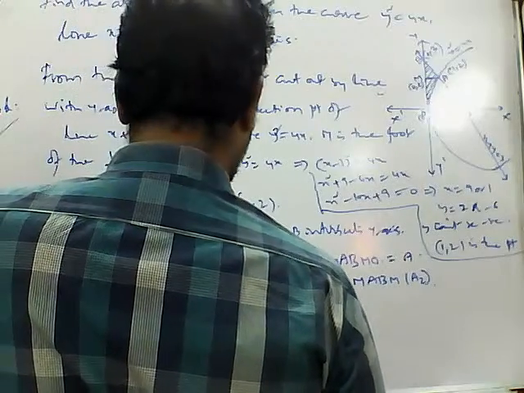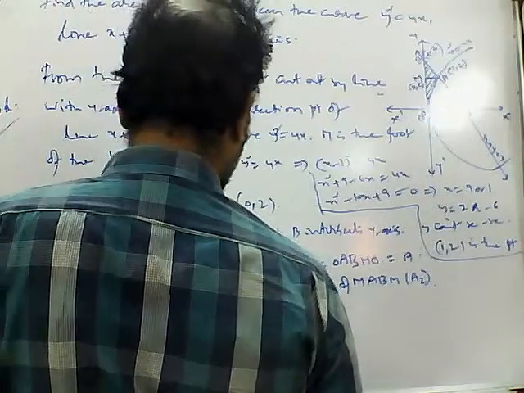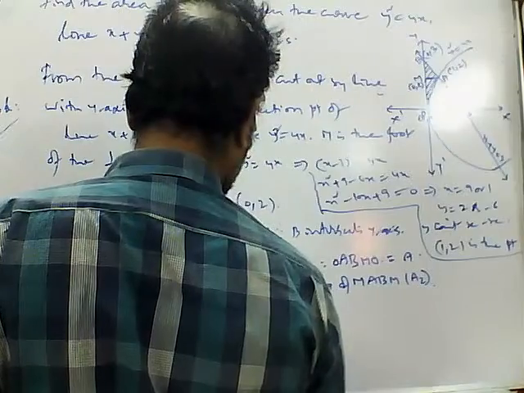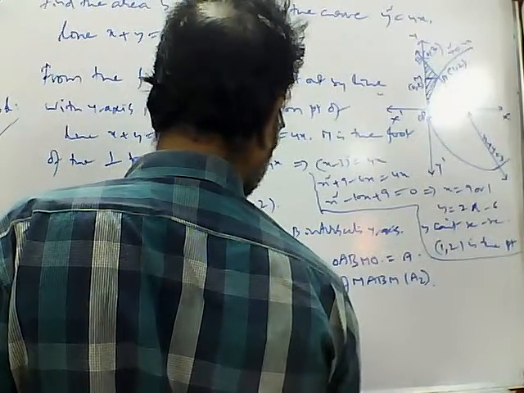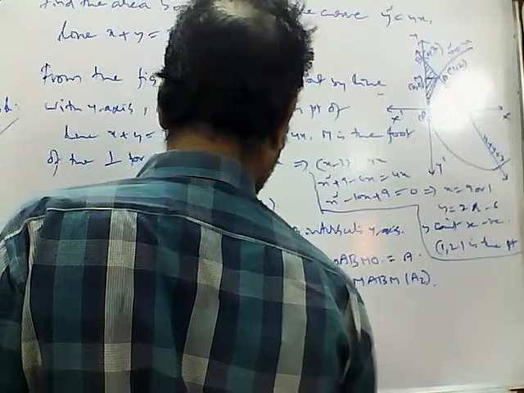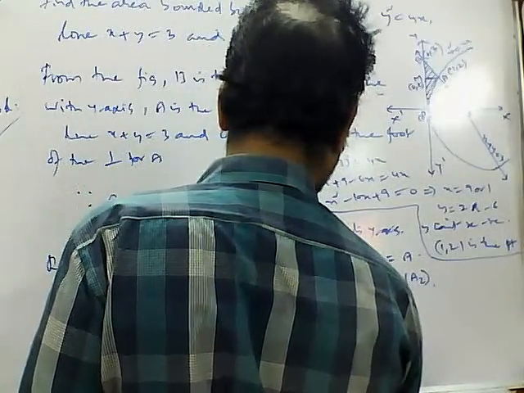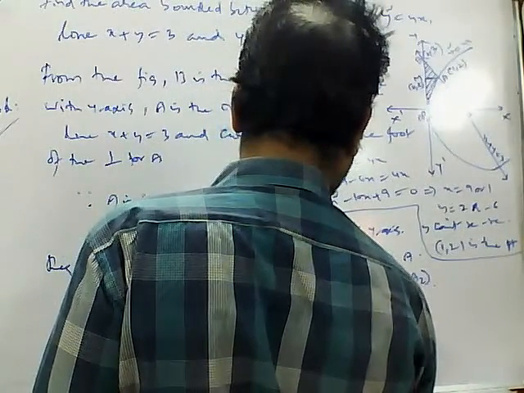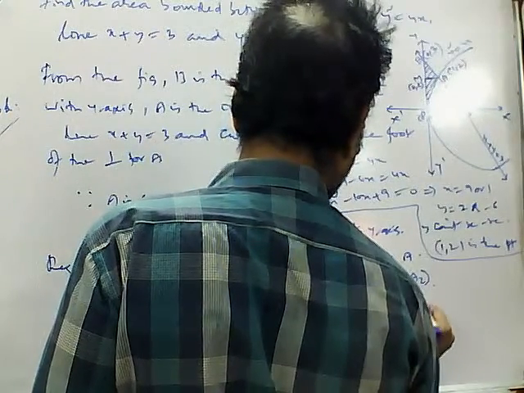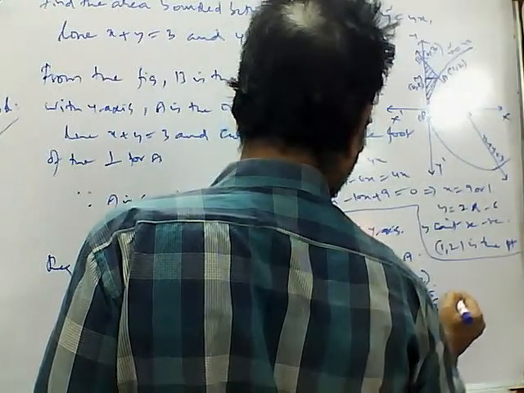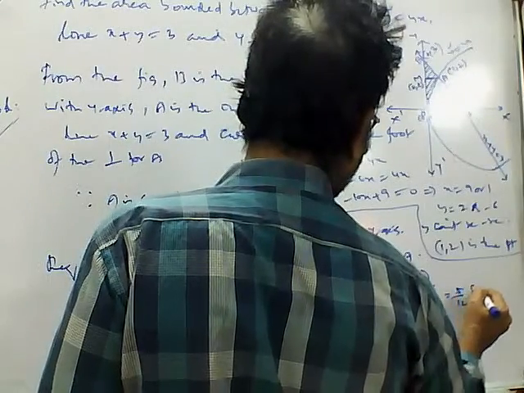Y square by 4, na? Y square by 4. So y cube by 3. One by 4 into 8 by 3 minus 1. 1 by 4 into 5 by 3, which is equal to 5 by 12 square units.